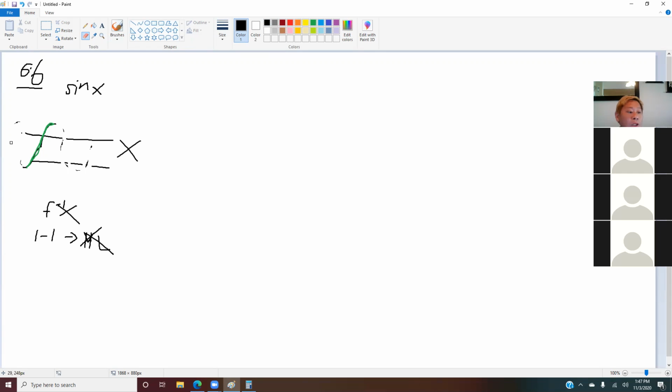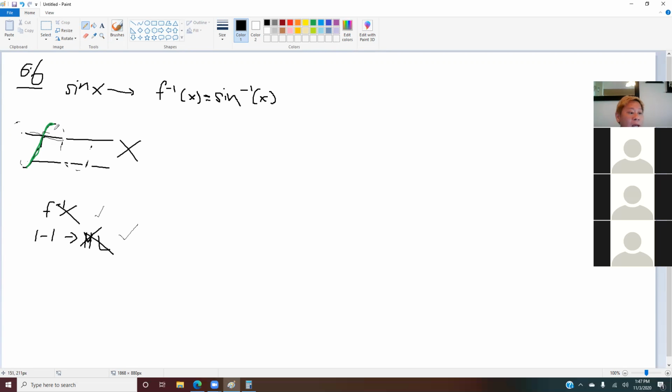When you do the horizontal line test, it passes because you only cross at one point. So then it is a one-to-one function. What I want to point out is that sine x has the inverse function called arcsine of x, or sine minus 1 of x, as long as you restrict the domain.